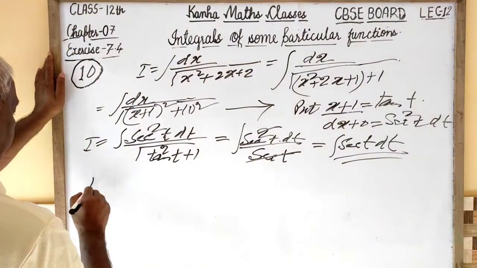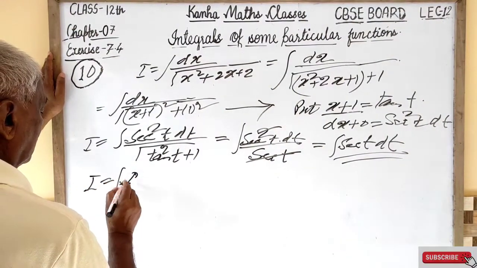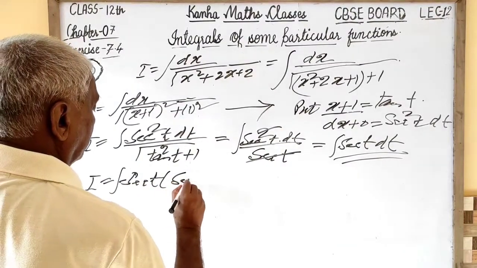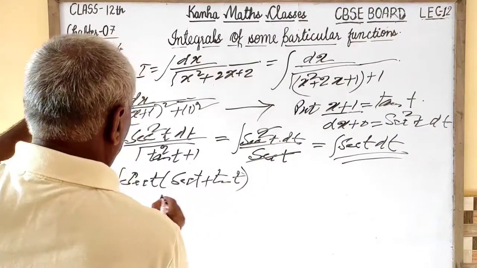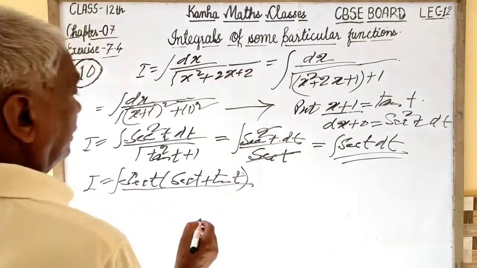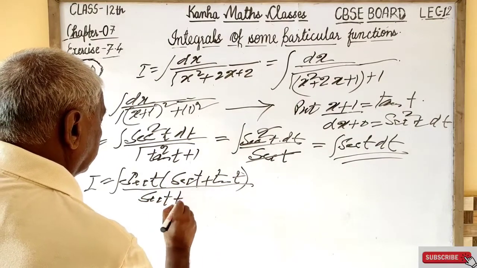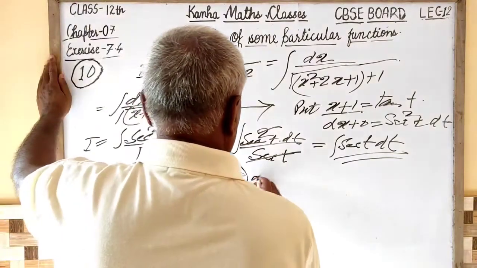We have sec t multiplied by sec t plus tan t, and denominator sec t plus tan t, dt.